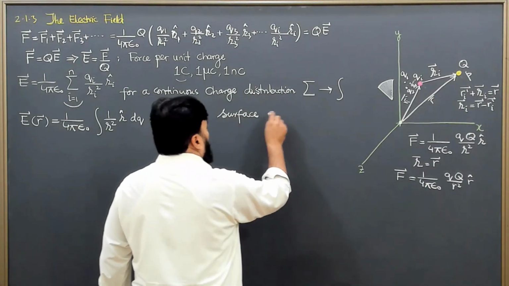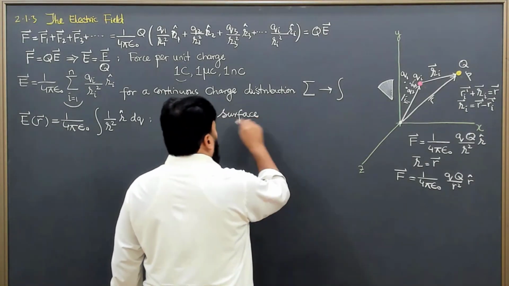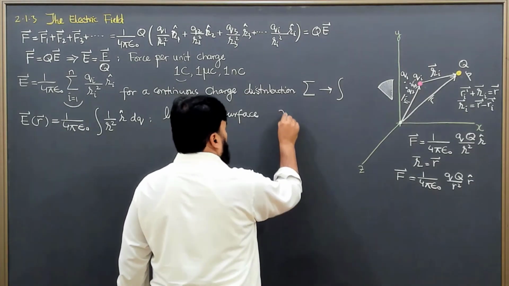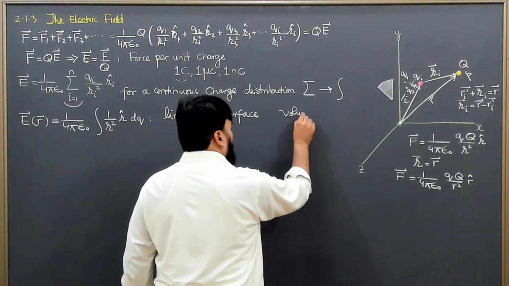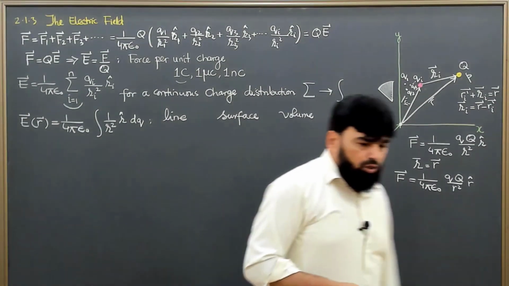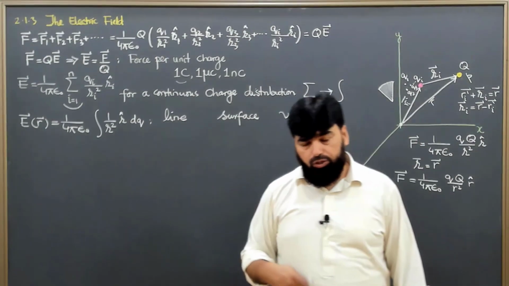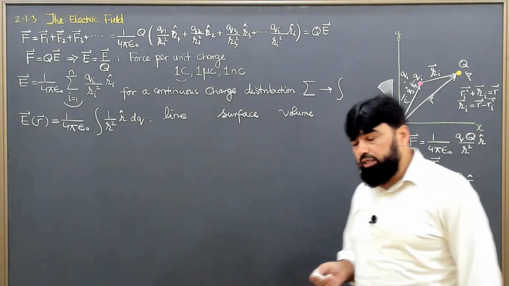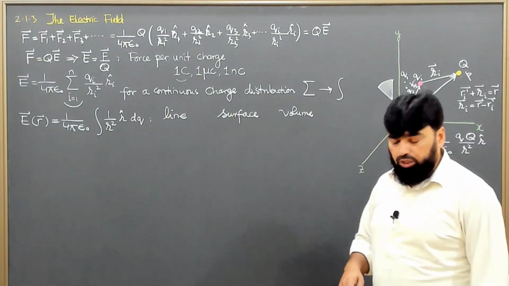And then whether it's a surface or a volume on which we are having the charge. For example, a solid cube, a solid sphere, a solid cylinder, with the charge distribution inside.